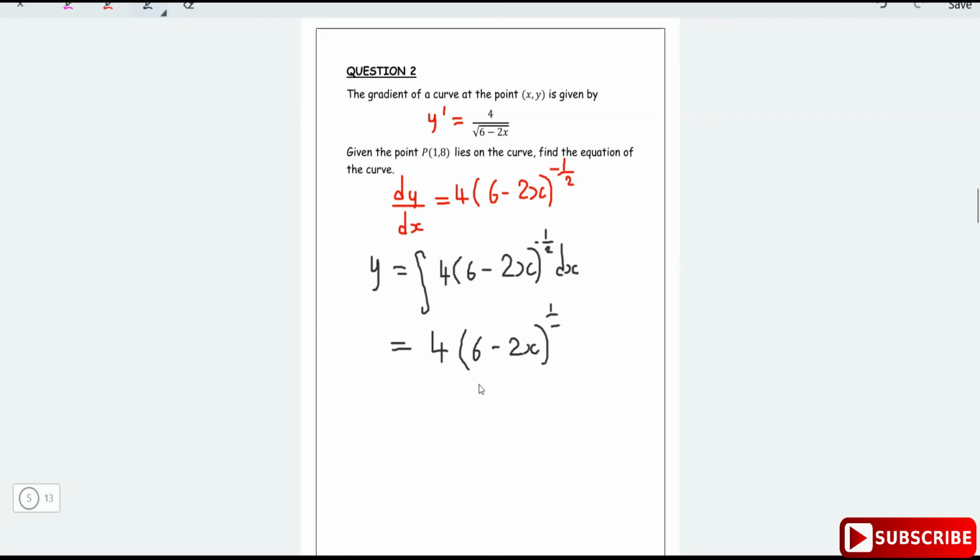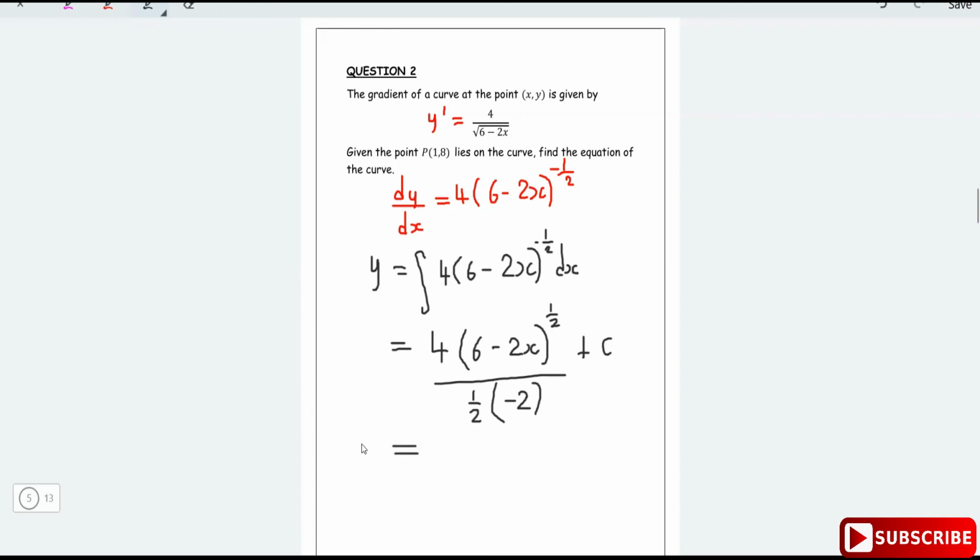Then we divide by that new power of a half, but while we divide by half, we then multiply by the derivative of what's in the bracket, which is minus 2, plus some constant c. So all I have to do is simplify this now.